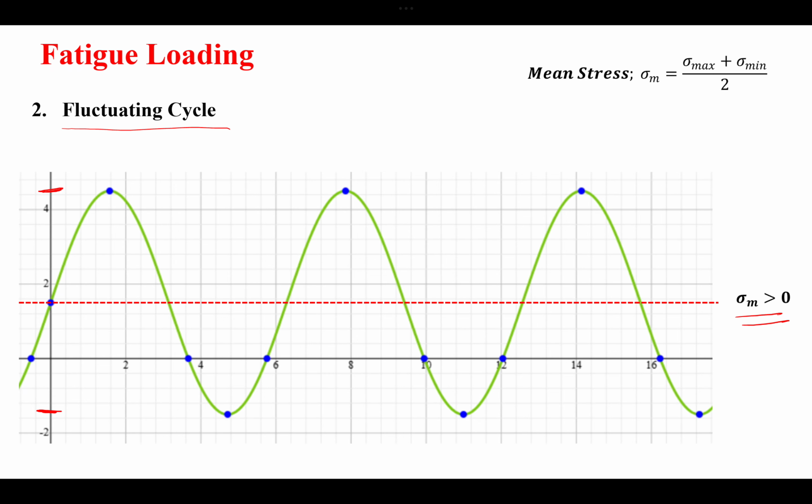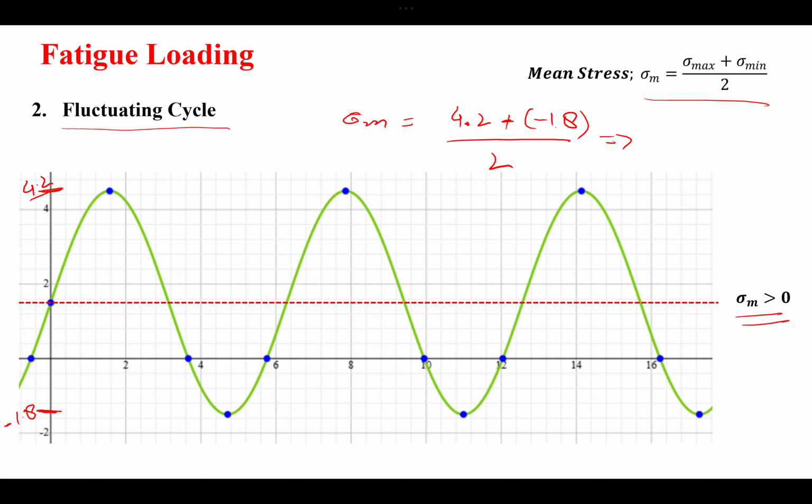So that would give you sigma mean. Let's say this is 4.2 and this is 1.8. If you try to calculate sigma m, or mean stress, that would be maximum plus minimum, which is -1.8 as this is on the negative side, and then divide by 2.